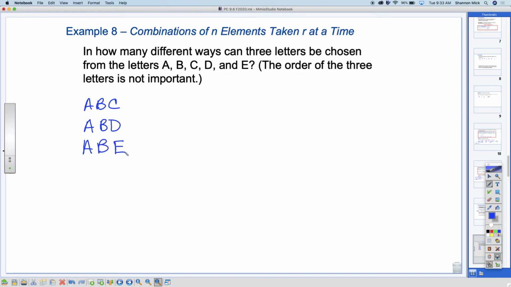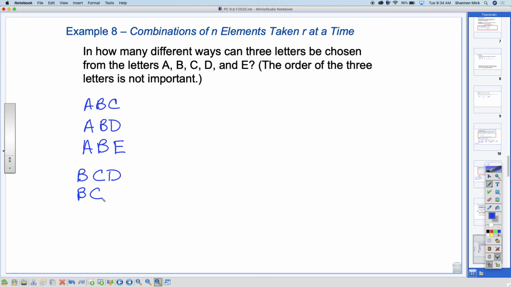Not as many as if I did permutations, right? Okay, so then B, C, D.